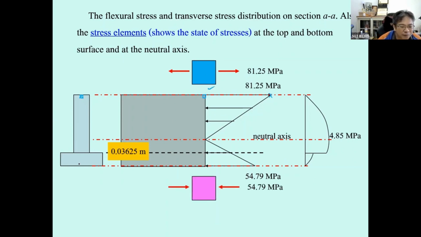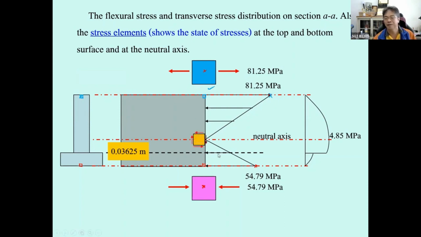Next, if we consider determining the stress element over here, the stress element is a representative of the material at that point. This one is subjected to compression. So this is going to be the stress element over here, and this is going to be the stress element over here.